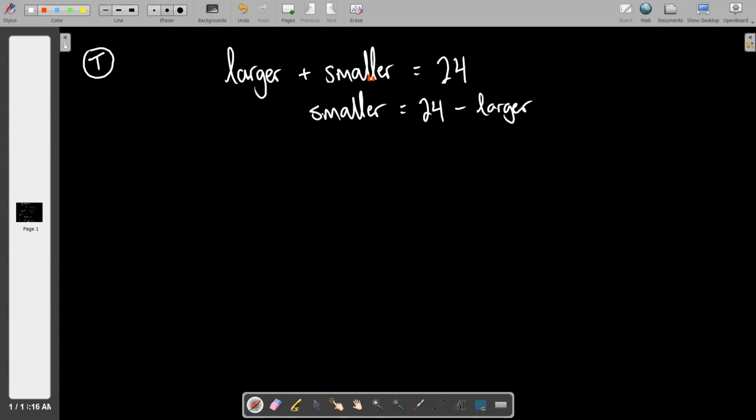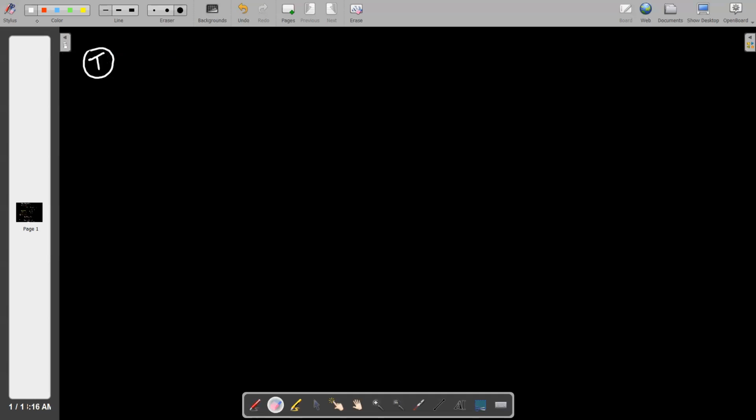If you did problem K, that's the hint that they're giving you in that problem. So what we're going to do is follow that same mold, and head into problem letter T, and define like they did. Let X equal the larger number. So I'm going to put blank here.